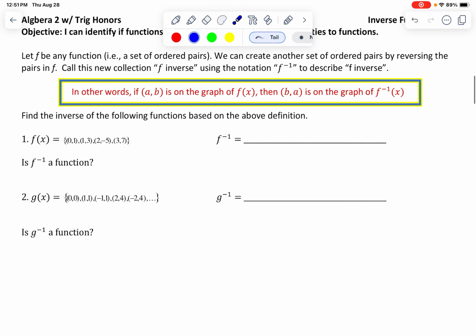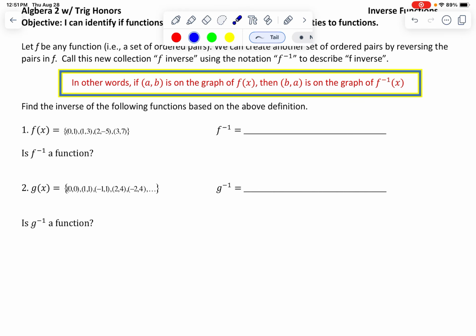Okay, so this says, find the inverse of the following functions based on the above definition. So we are going to find the inverse of this function, and then we also want to know, is the new function, the inverse, a function itself? All right, so switch x and y for this.